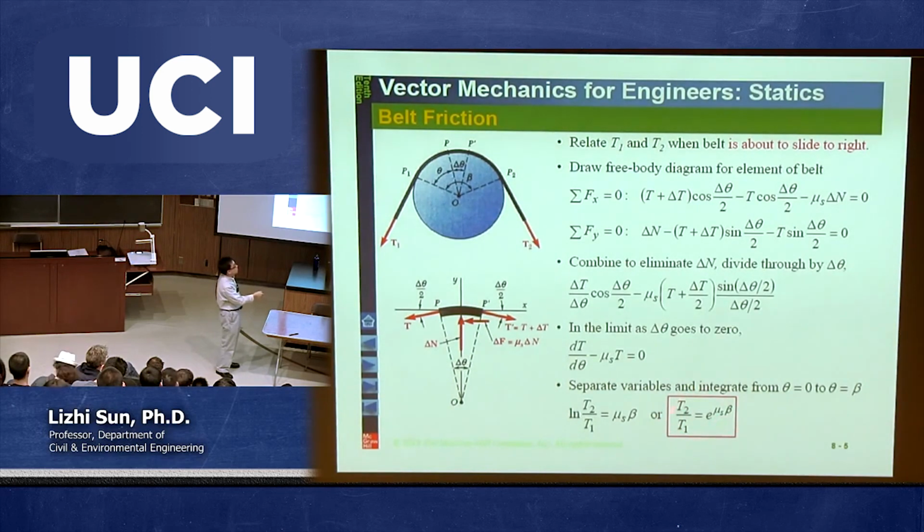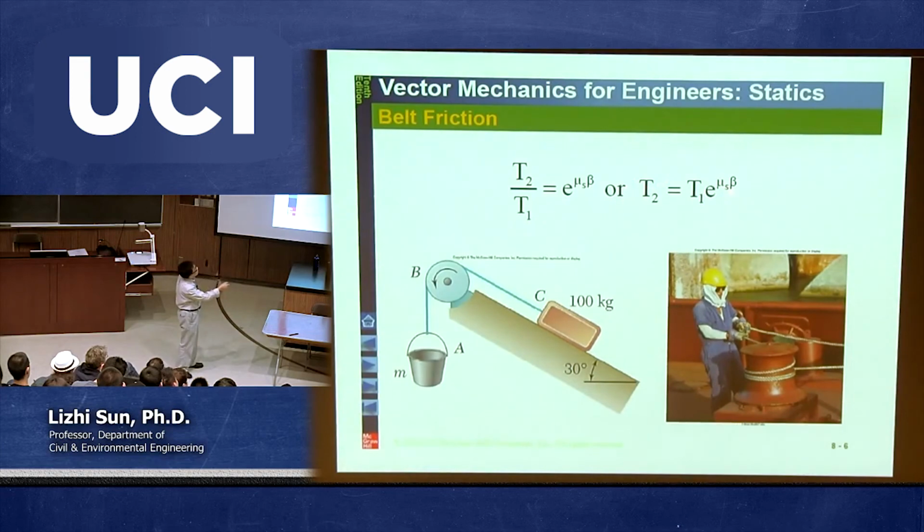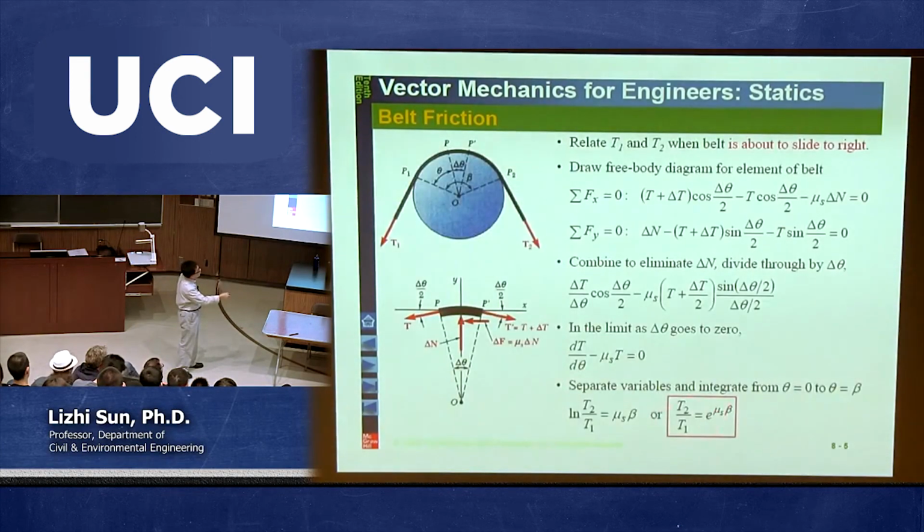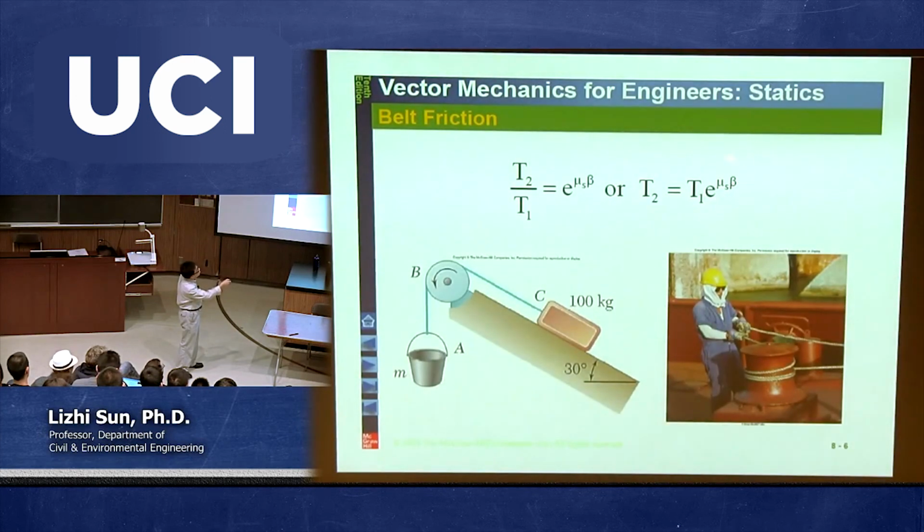This is not an equation I typically memorize. I would like to memorize this one, which is basically this, because it is easier to memorize. It is the same thing as this one, but I just want you to understand that in order to build a relation between this cable force and this cable force going through the belt friction case, you need to measure this angle.